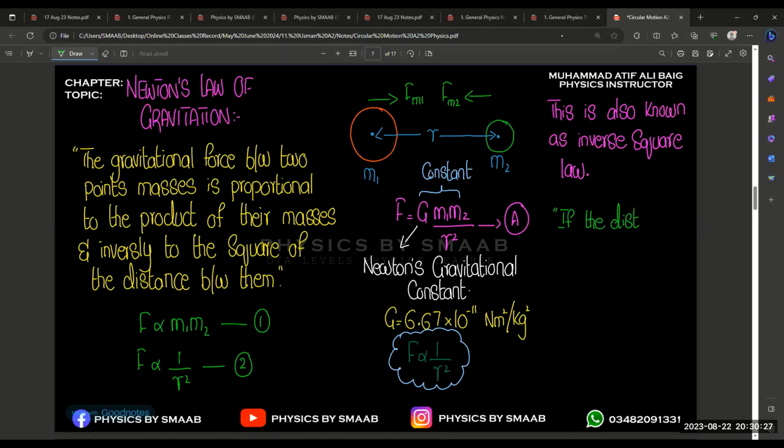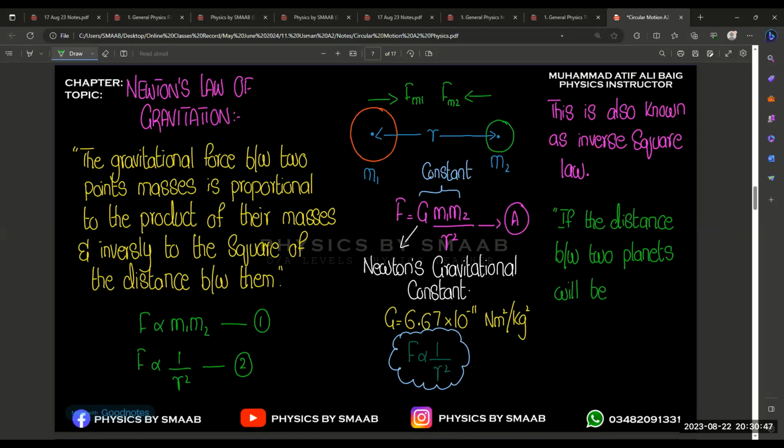Let's suppose if we increase the distance, the force will be less.